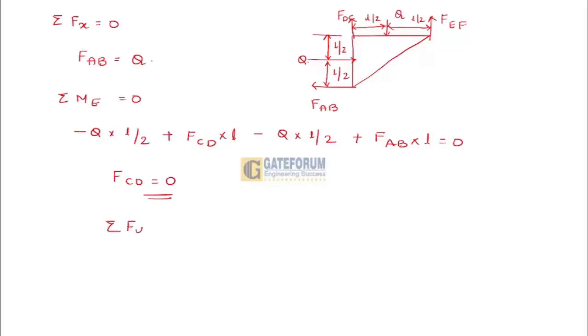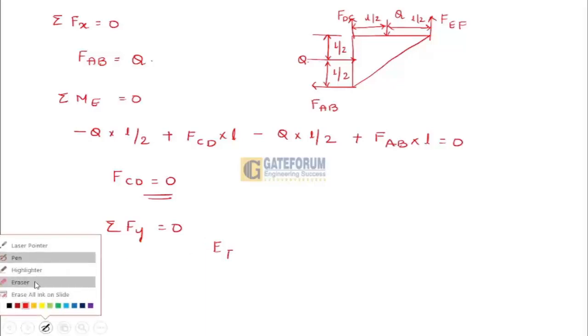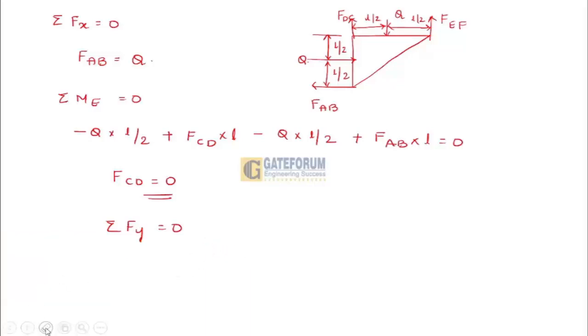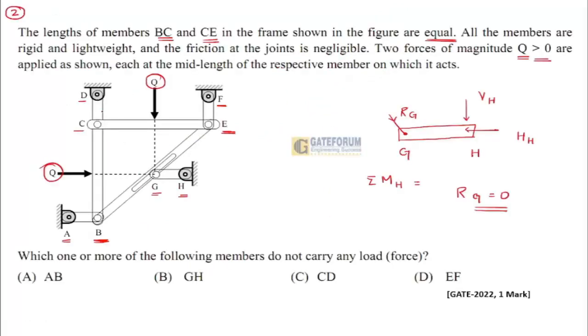Summation of Fy equal to 0, you will be getting FEF, the link EF, is equal to Q. Hence the CD and GH members carry 0 forces.